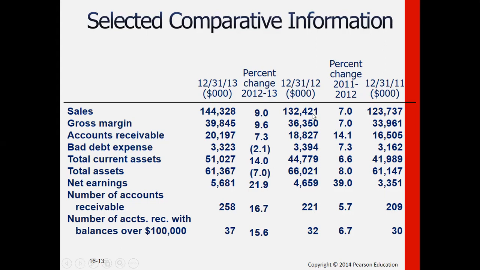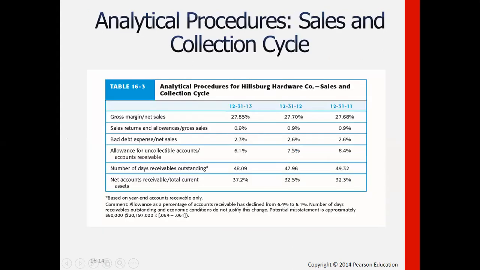And then that's positive because there has been an increase. Here it increased further. So this will be our current year and this will be our base year. We get the difference, we divide that by our base year, and we get now the percentage of change. Then we get the following values for Hillsburg Hardware Company's sales and collection cycle with respect to the trend or pattern.